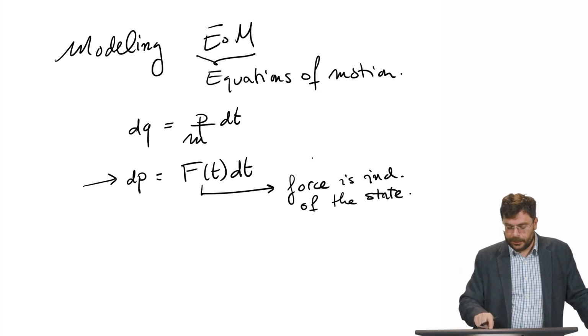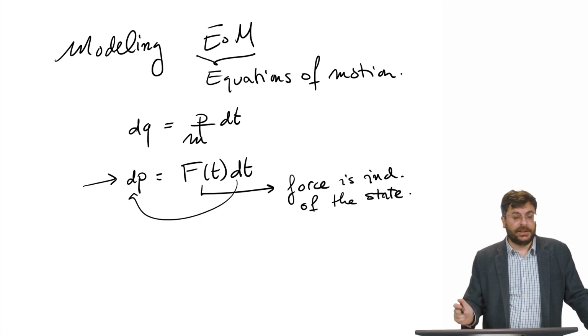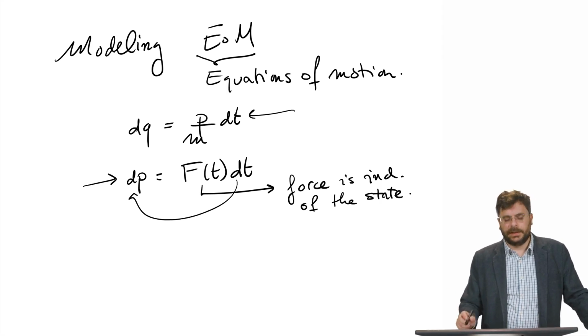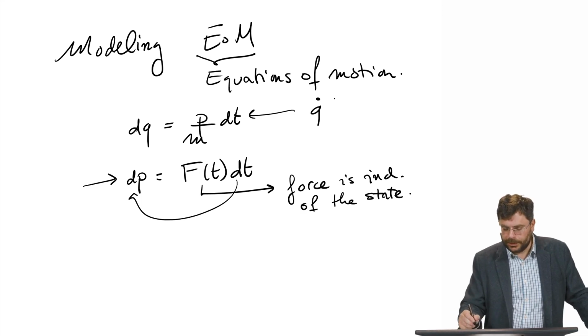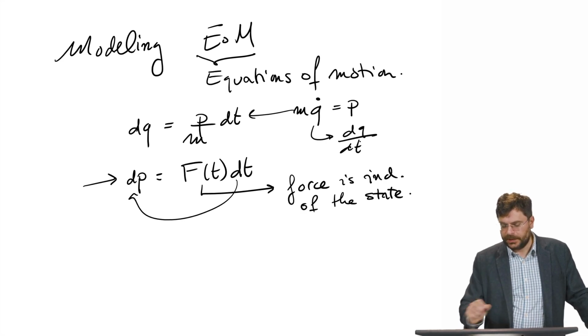There's the F. If I move the dt over onto the other side, I have the change in momentum. That's mass times acceleration. Similarly here, this is basically the equation describing the momentum. So the change in position multiplied by mass is the momentum. So maybe we're more familiar with these equations written down as follows, where the dot notation here implies dq/dt.